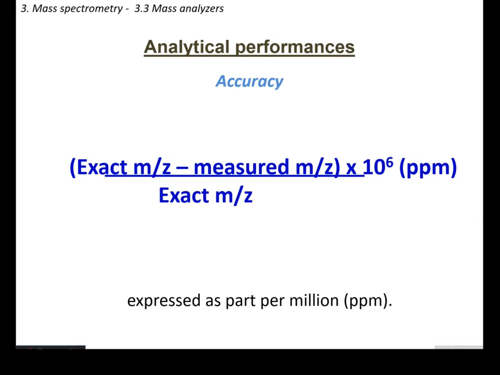The accuracy will be the exact mass minus the measured mass divided by the exact mass. So it could be a percentage of accuracy. But it is so small that we express it in parts per million. So we multiply this by 1,000,000 and we express it in parts per million.